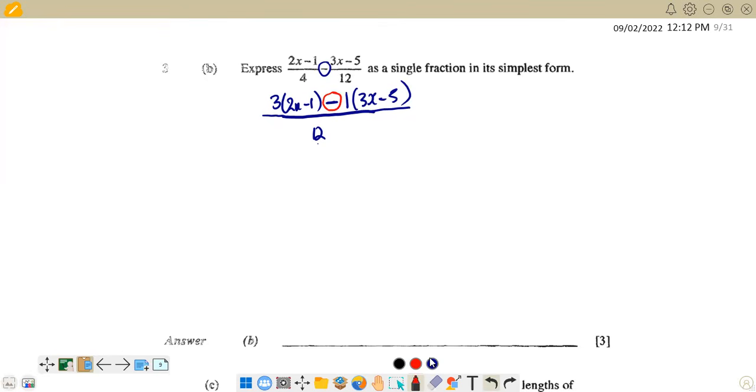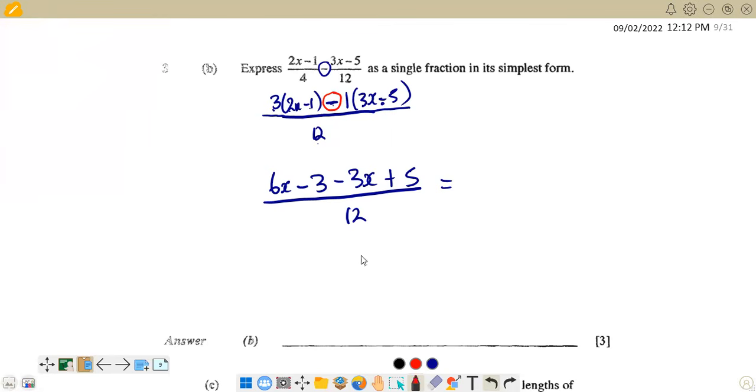Okay, so let's simplify the first part. 3 times 2x is 6x, 3 times -1 is -3. We are done there. Then on the negative, it's -1 that is multiplying everything. So it's -1 times 3x, which is -3x. -1 times -5 is +5. All right, so everything here is over 12. Let us collect our like terms.